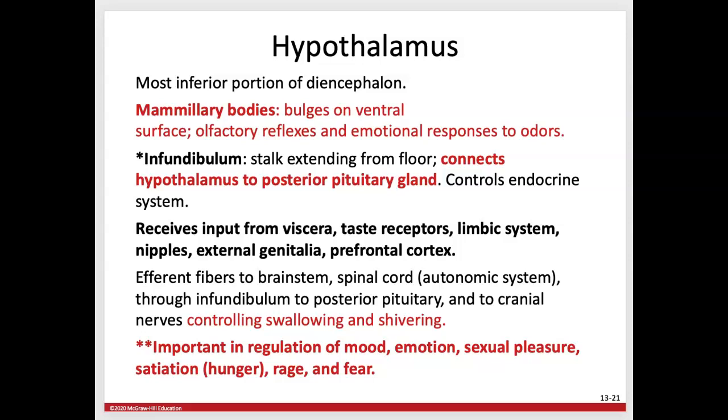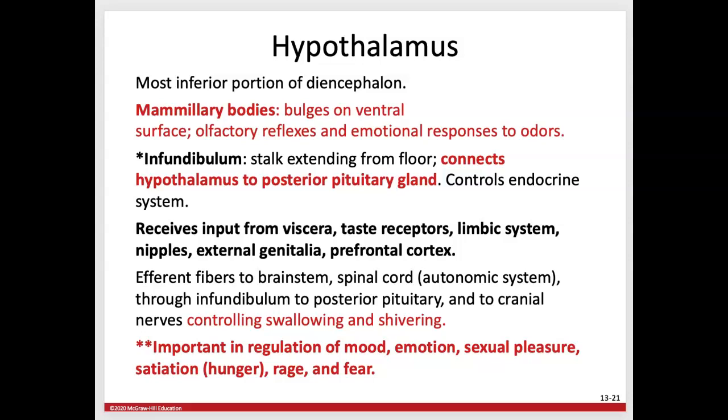So infundibulum, it's important to remember that it is a little kind of stalk or piece extending from the floor of the hypothalamus, connects the hypothalamus to the pituitary gland, the posterior pituitary gland, and controls, the hypothalamus is basically the master of the endocrine system, but that is the direct link to the endocrine system that is in the brain.